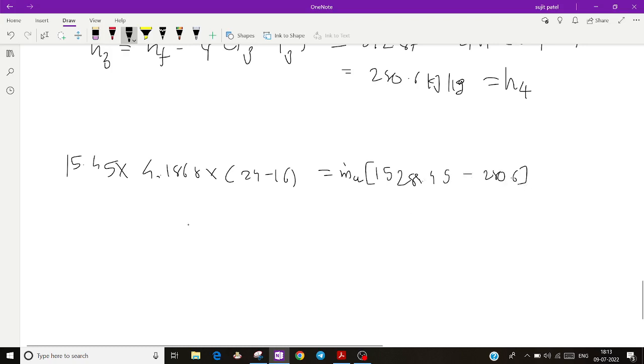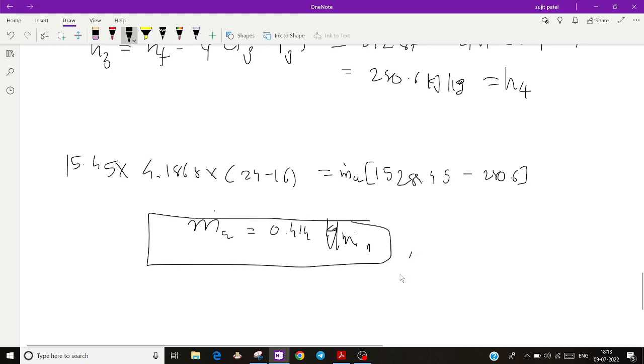When you solve this, you will get 0.414 kg per minute. This is the answer of our second question.